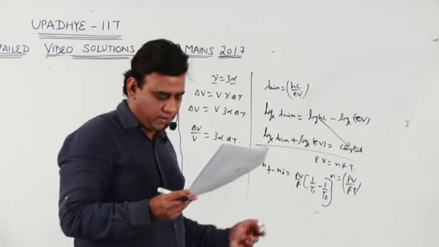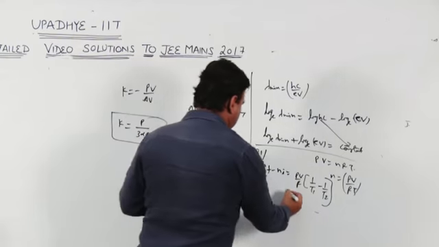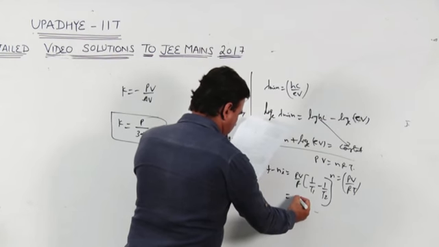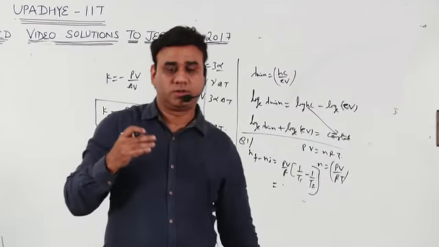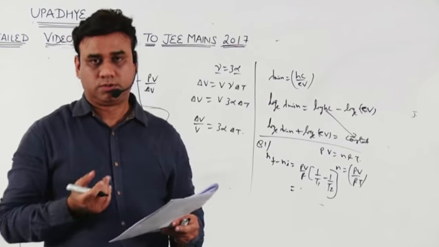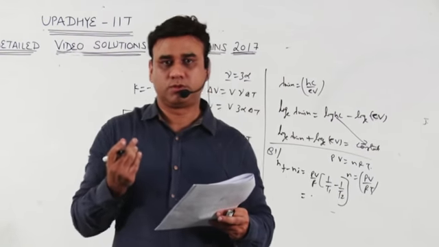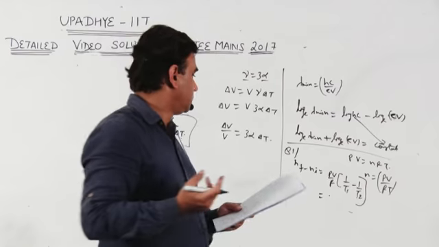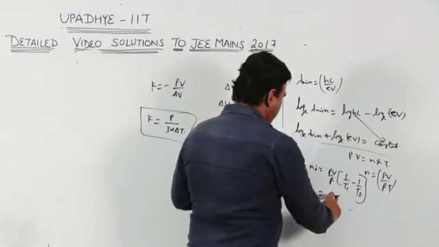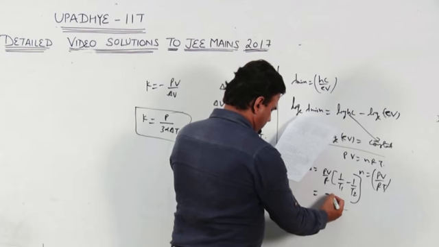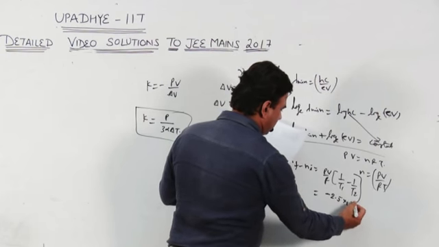If we put all the values, we get the number of moles, and we have to multiply it, because they are asking about molecules. So we multiply the number of moles with the Avogadro number, 6.023 into 10 to the power 23. We will get minus 2.5 into 10 to the power 25.